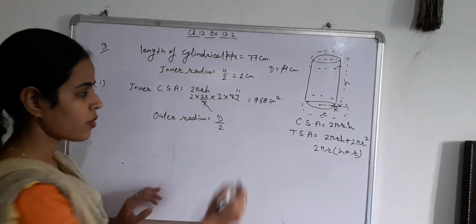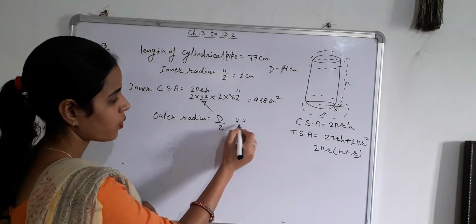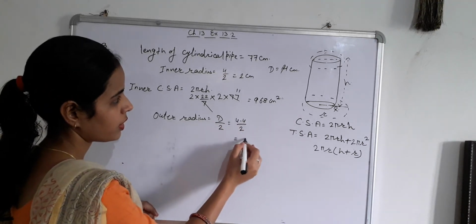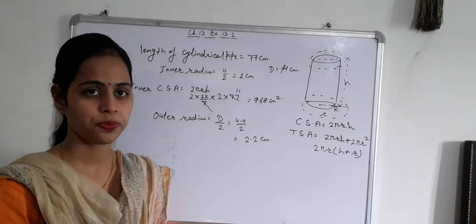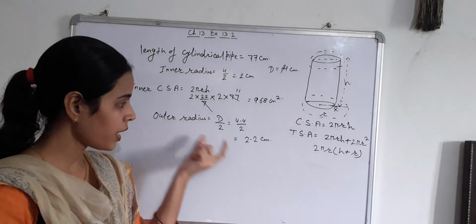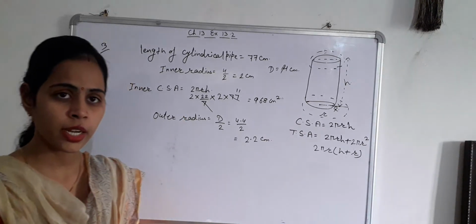Here the diameter is given as 4.4, so 4.4 upon 2 equals 2.2 centimeter. So outer radius equals 2.2 centimeter.